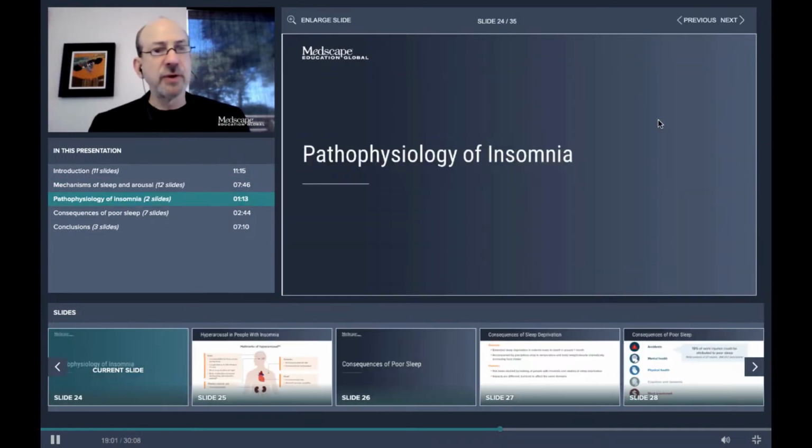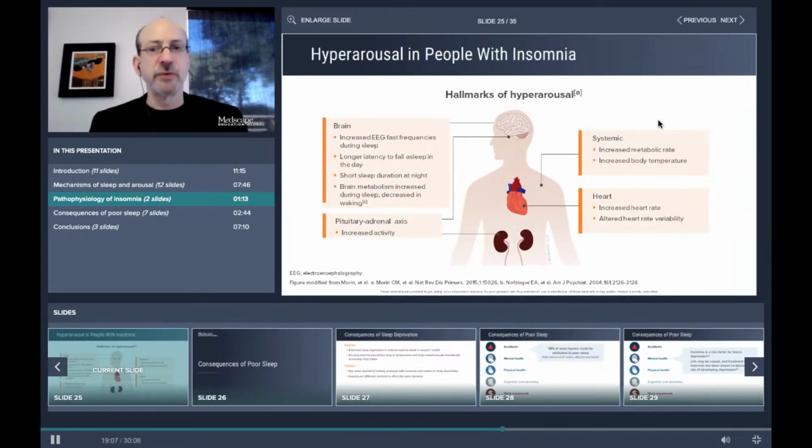So now I'm going to shift to talking about pathophysiology of insomnia for a little bit. We don't really understand the ultimate pathophysiology of insomnia, but we have a set of observations that suggest that insomnia is associated with hyperarousal for 24 hours of the day, all the time.